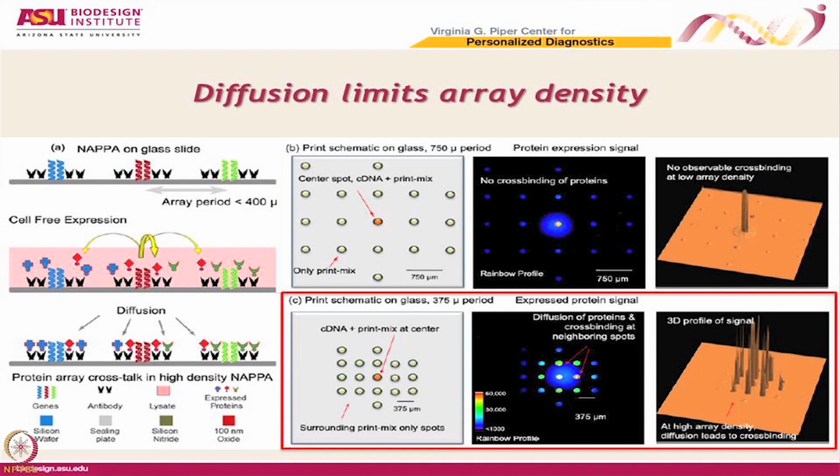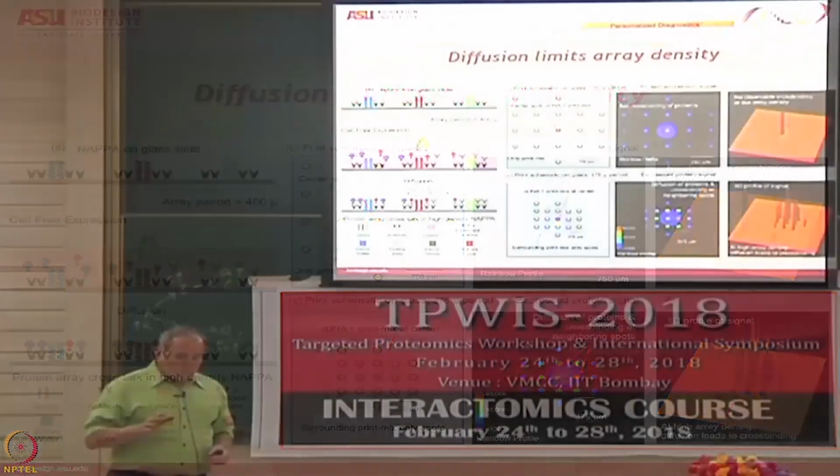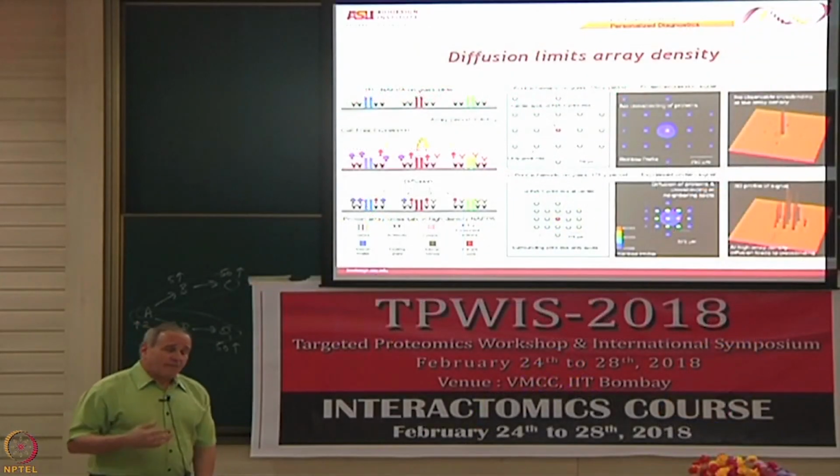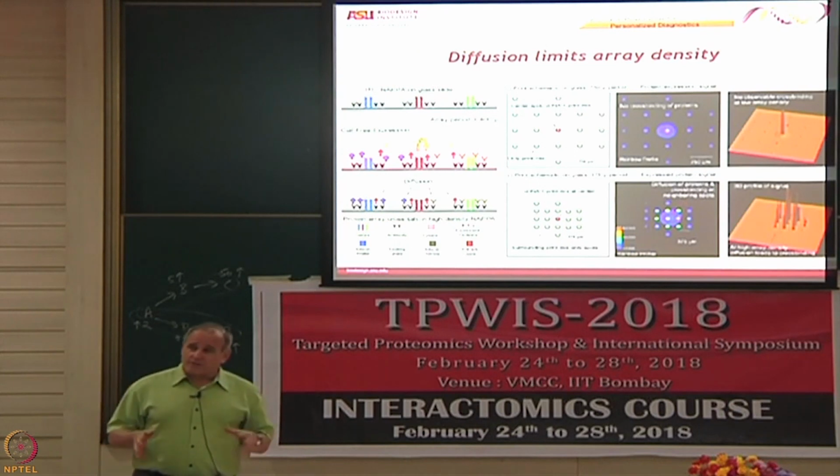And you can sort of see that in that 3D rendering. So what that tells us is that for the most part, under our current conditions, we're okay. But if we ever wanted to make our arrays much more dense, so shift from 2,300 proteins, let's say, to 10,000 proteins, we could run into trouble where there would be neighboring spot intensity.